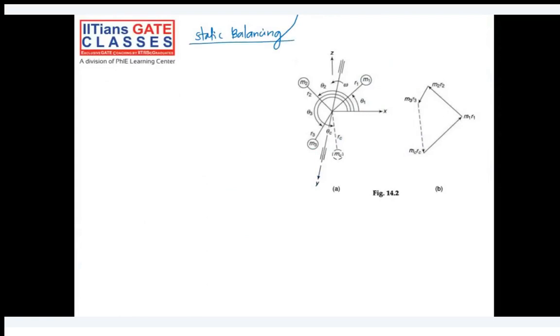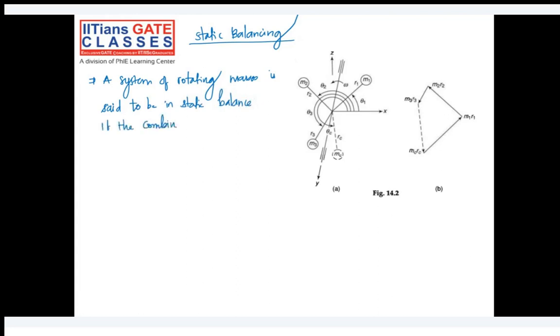A system of rotating masses is said to be in static balance if the combined mass center of the system lies on the axis of rotation.